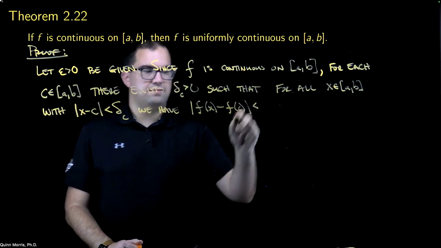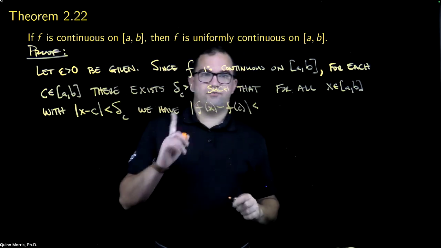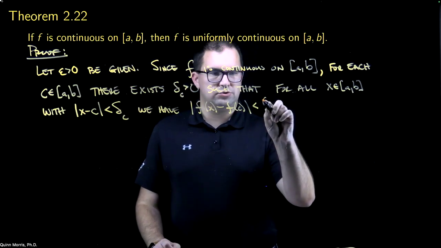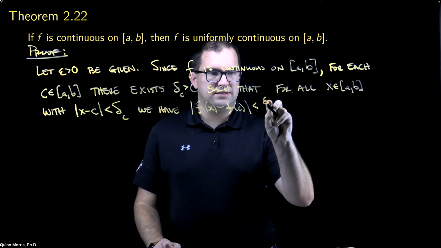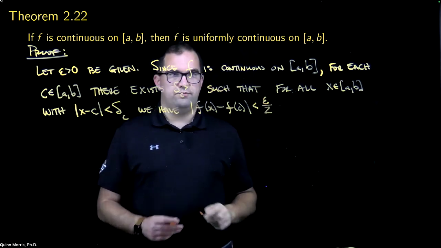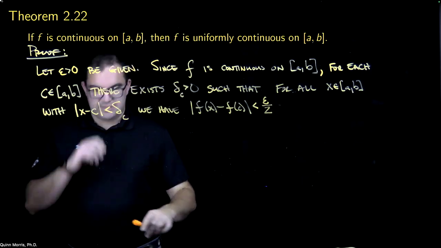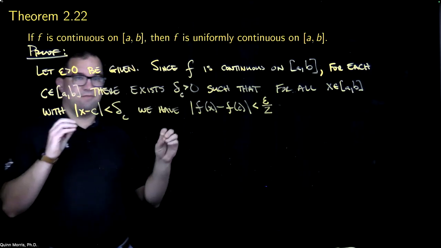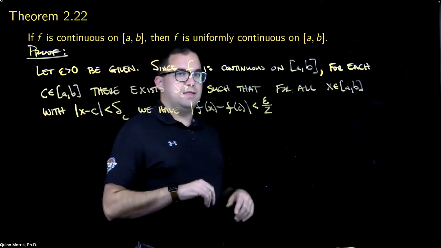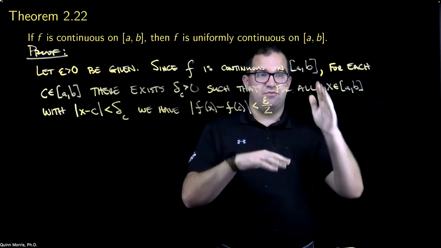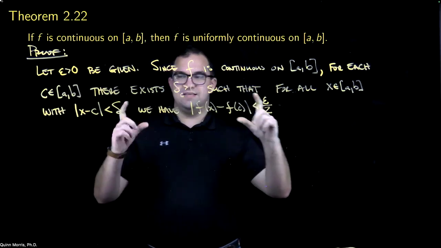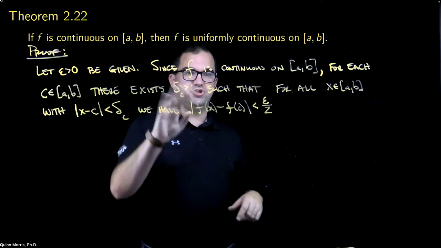less than. Now I can make this as small as I want, and for reasons that will become apparent later, I don't just want this less than epsilon, I want to make it less than epsilon over 2, right? So what I'm saying is, my assumption is that my function f is continuous. On this interval, that means it's continuous at every point. So for every point C in this closed interval AB, I can choose a delta.